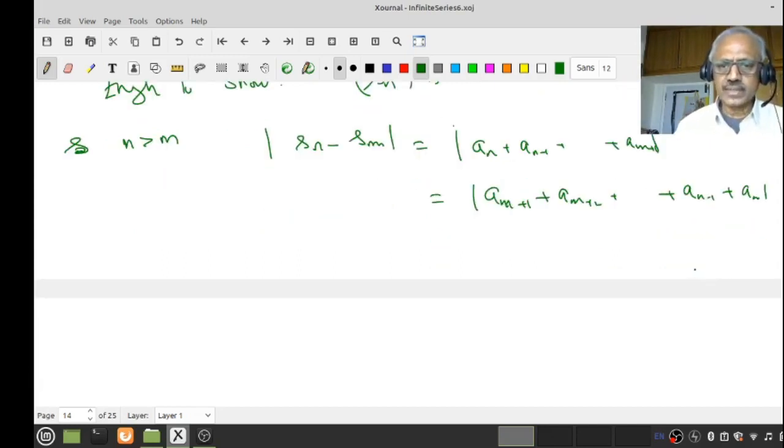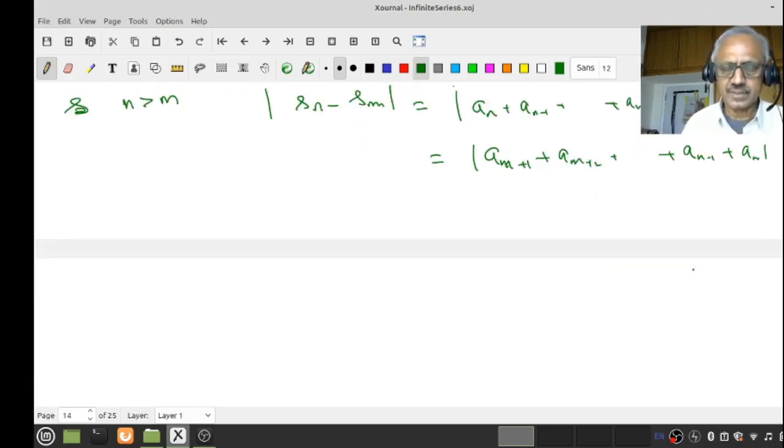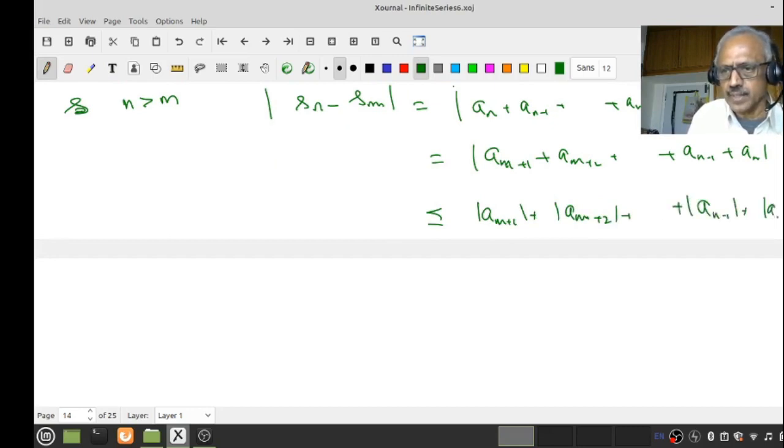Now, the absolute value of that is mod of a_{m+1} plus a_{m+2} etc. plus a_n. What is the obvious estimate for this? Triangle inequality. Therefore, that is less than or equal to mod a_{m+1} plus mod a_{m+2} plus up to mod a_{n-1} plus mod a_n. But do you understand what this is?